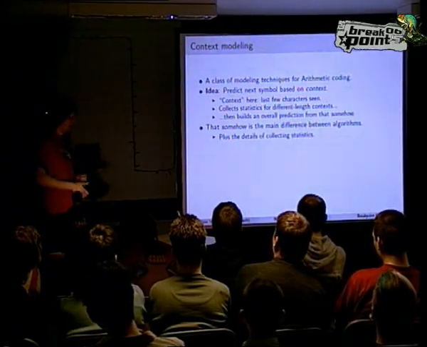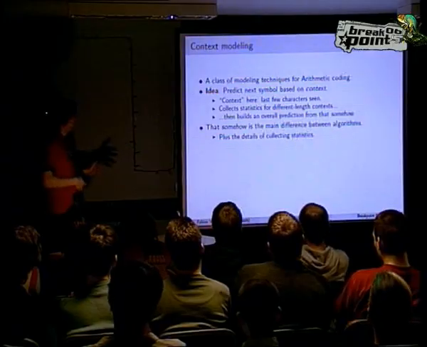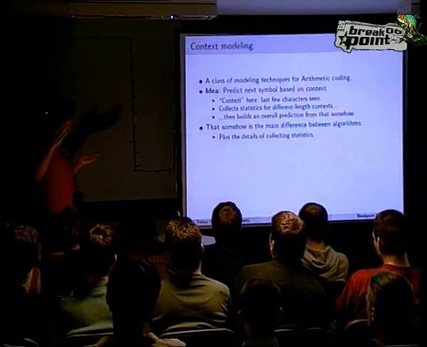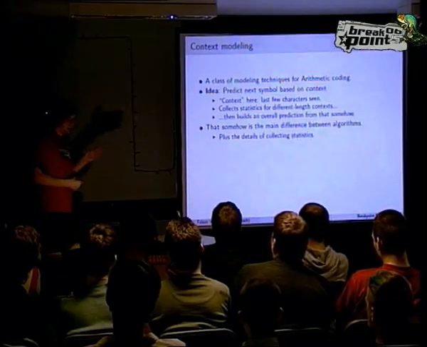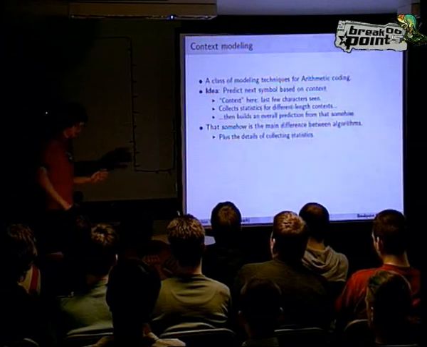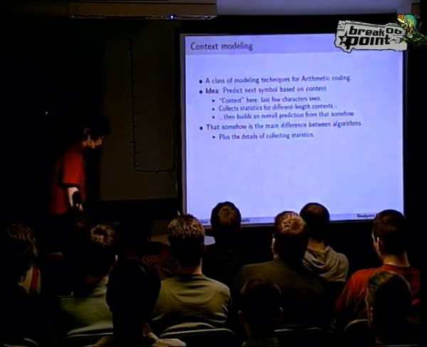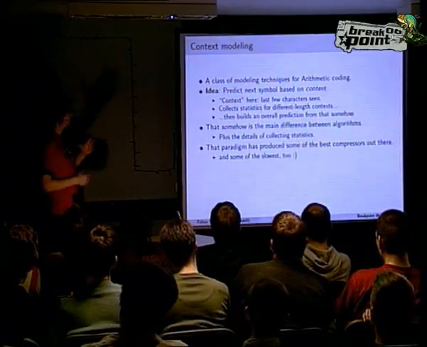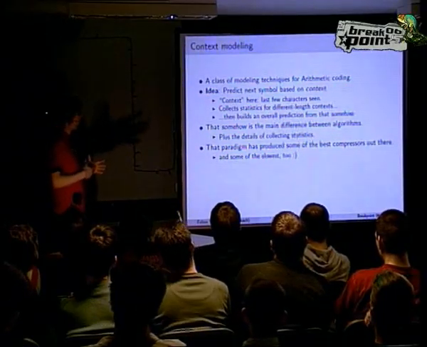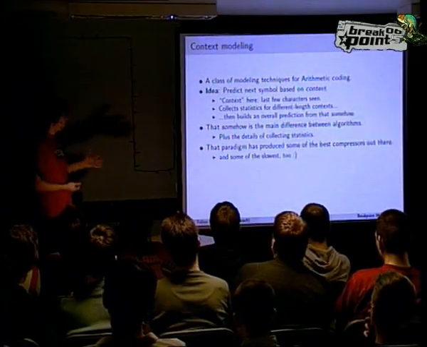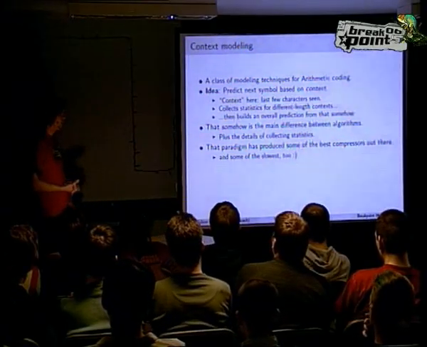How this is mixed and how this is calculated is the main difference between algorithms, plus the details of how statistics are collected, because everyone has different data structures for that and so on. Some are more efficient, and some give better results than others, but it's really just a variation on the same theme. This type of coding has produced some of the best compressors you will see in the real world.